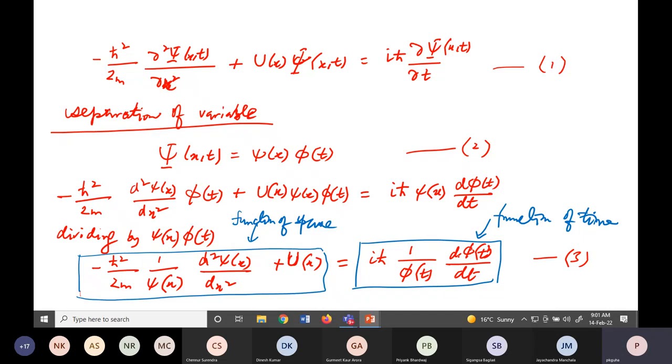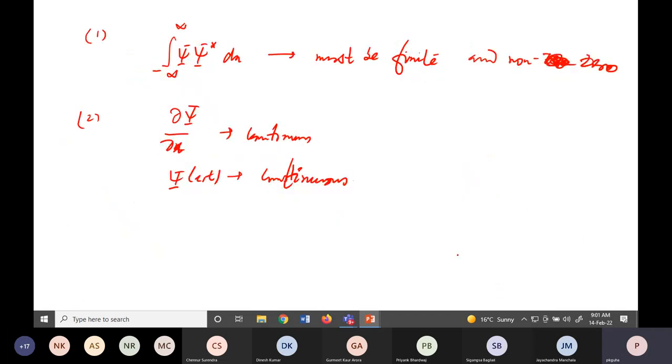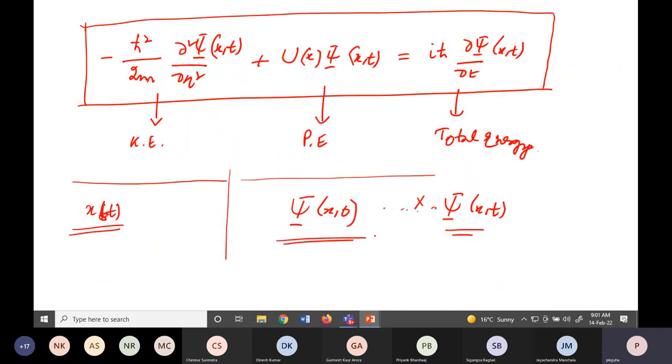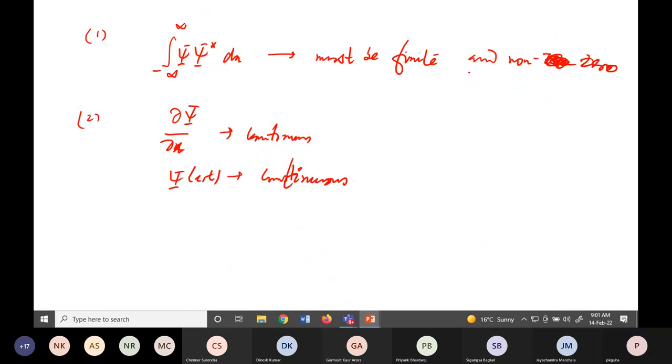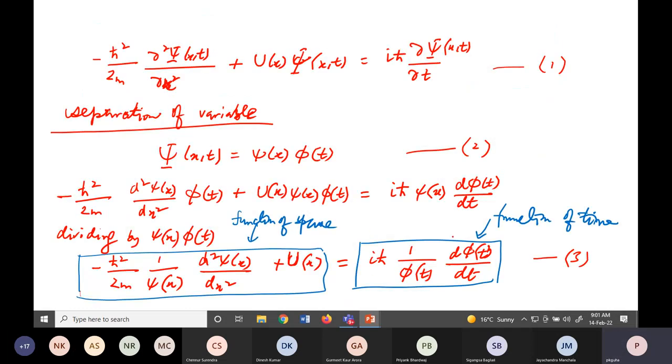You remember, this left hand term is kinetic energy and this is potential energy, and this is nothing but the total energy. Although I am assuming these two are equal to a constant, which is basically A, this is nothing but the total energy. Now let's solve that time dependent part.